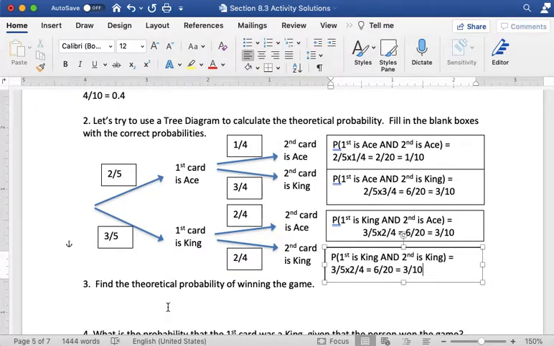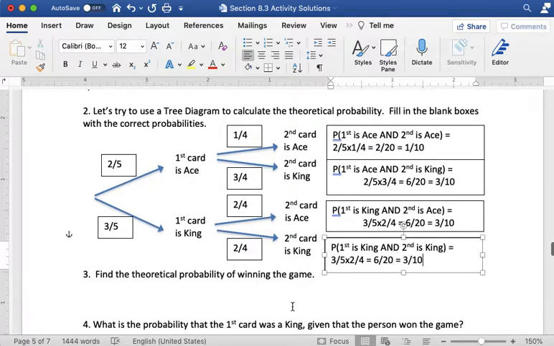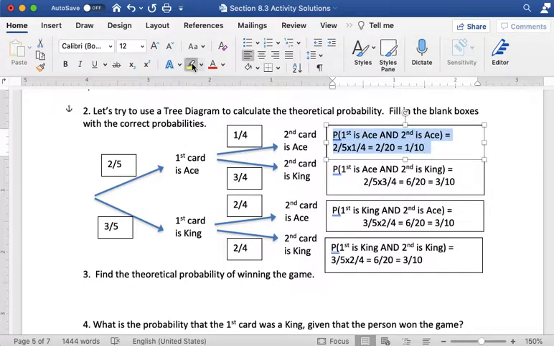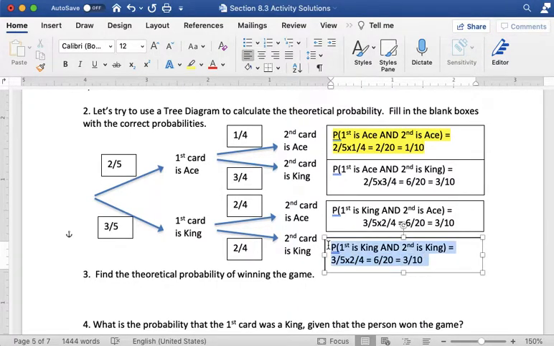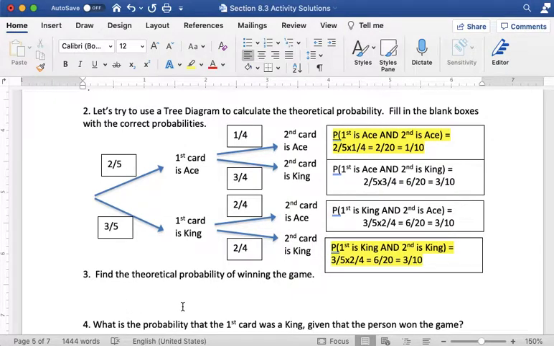So question 3 says to find the theoretical probability of winning the game. So I win the game, remember, if I get both cards the same. So I can win if I get 2 aces, or I can win if I get 2 kings. So to find the total probability of winning the game, I would add these two probabilities together.